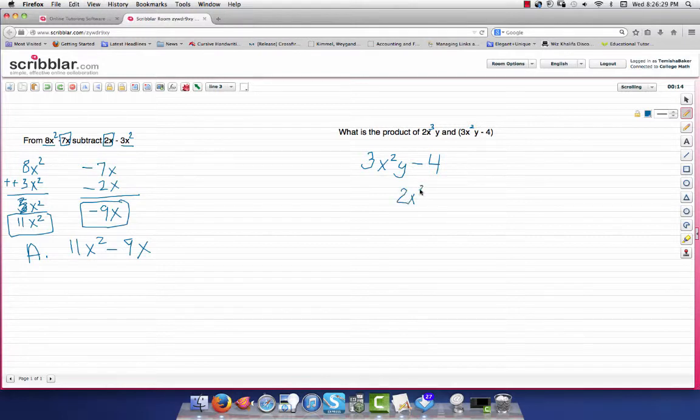Or you can do it through distributing. So you would take this term and multiply it by this, and keep the sign, and take this term and multiply it by that. Okay, so here I'm multiplying. So what I'm going to do is I'm going to multiply 2x cubed y by this -4.